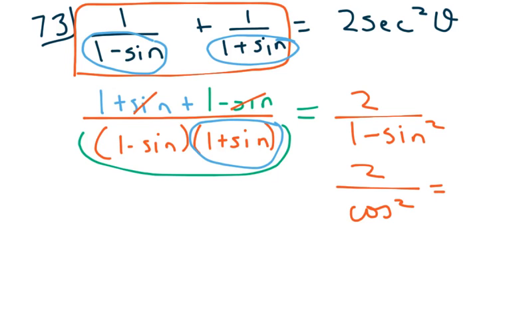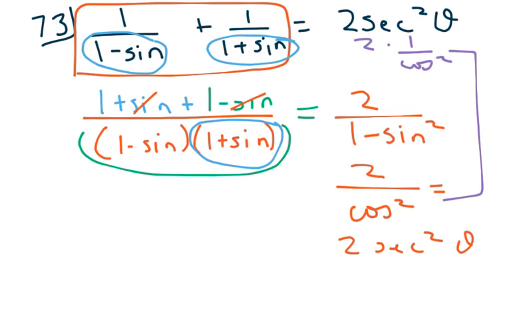So this is just going to be 2 secant squared of theta. So these two match. You could have, if you wanted to, rewritten this as 2 times 1 over cosine squared, which you could have matched up this way, or you could have done it the way we did it.